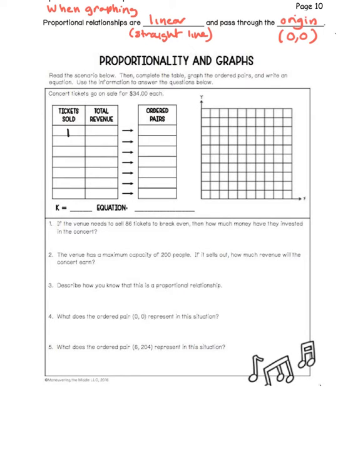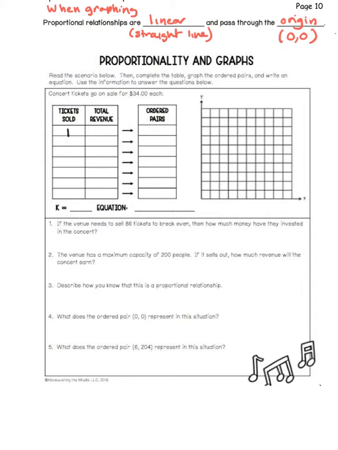And then you're going to notice this word total revenue. Now this word revenue means how much money a company earns, or the income. So usually when you hear the word revenue, they're talking about a company or an organization. So the concert tickets go on sale for $34 each. So for one ticket sold, the company's going to make $34.